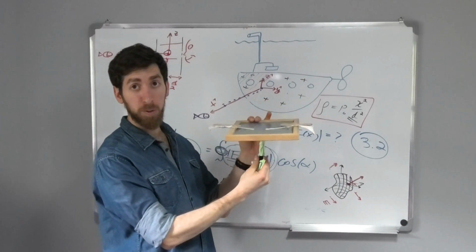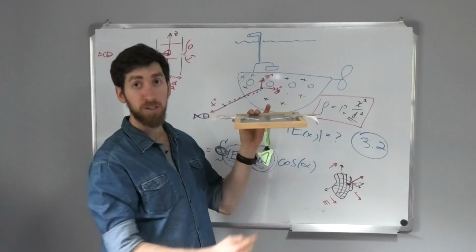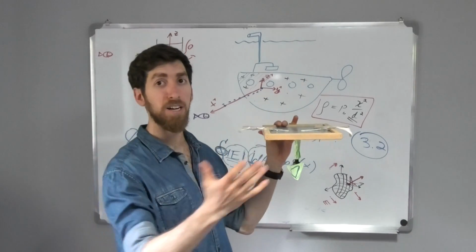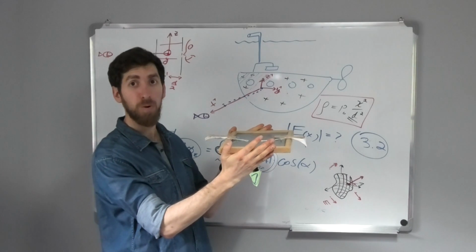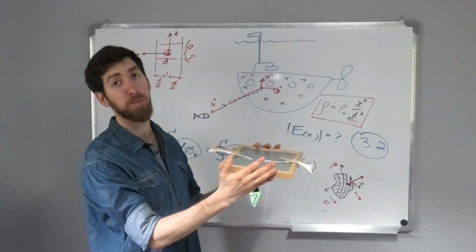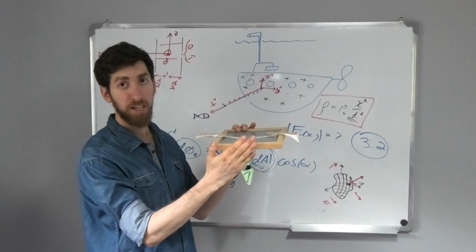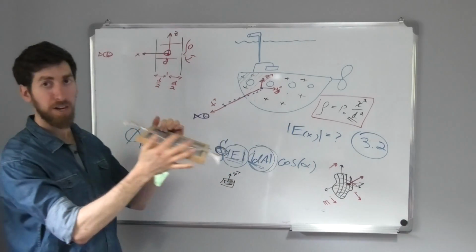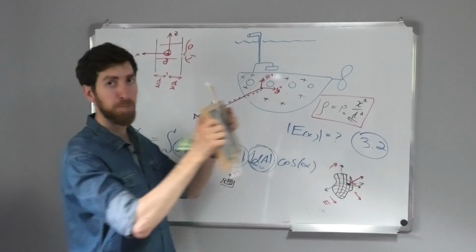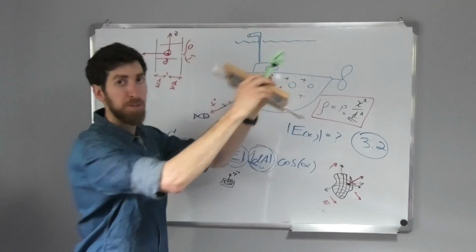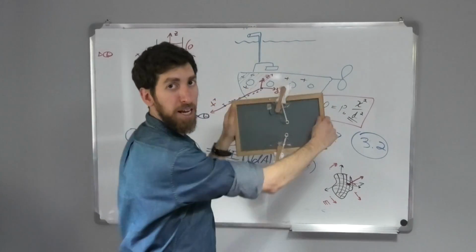So what is the cosine between them? The angle is actually 0, so the cosine is equal to 1, so this flux is equal to dA multiplied by R, this specific one. And here on the area, let's say that I made a box, this piece here, this piece here, this piece here, here, here, and here, right?